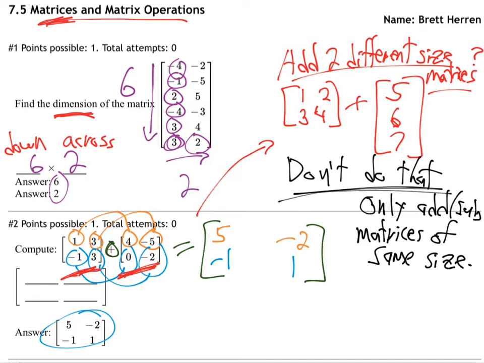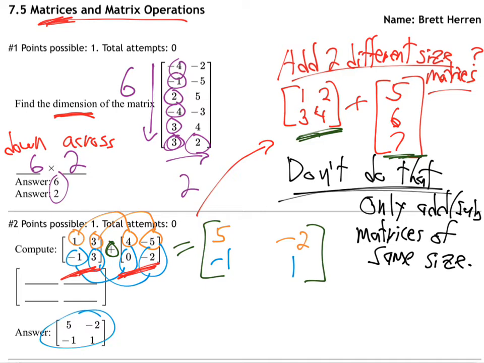Matrices are used a lot to help us do real life things. Specifically, they never saw a real life need for adding matrices of different sizes. So they just simply said, don't do that. We don't need that. We only need to add matrices of the same size.